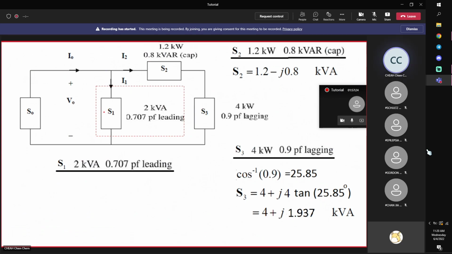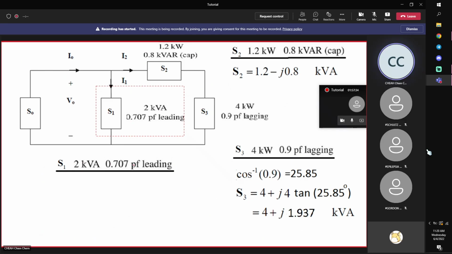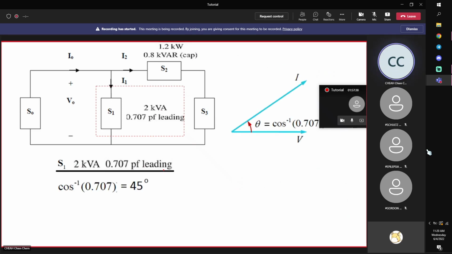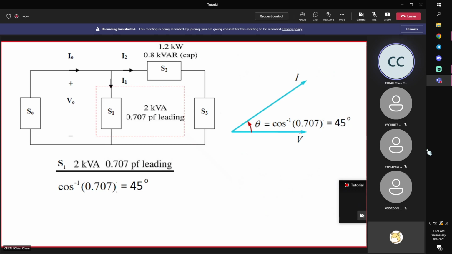Okay, lastly, S1. Notice that you're given 2 kVA, no error. So this is the apparent power. And then 0.707 power factor leading. This basically means I'm given the angle between my voltage and current: arc cosine 0.707, leading, I lead V by 45 degrees.